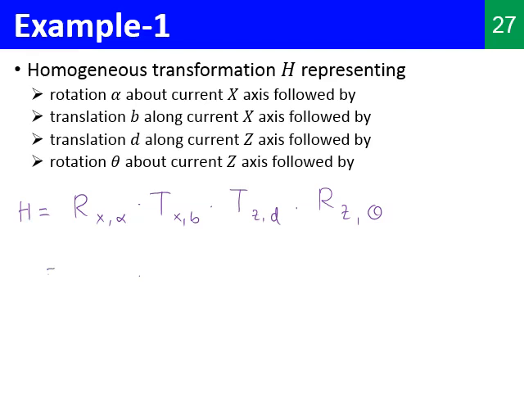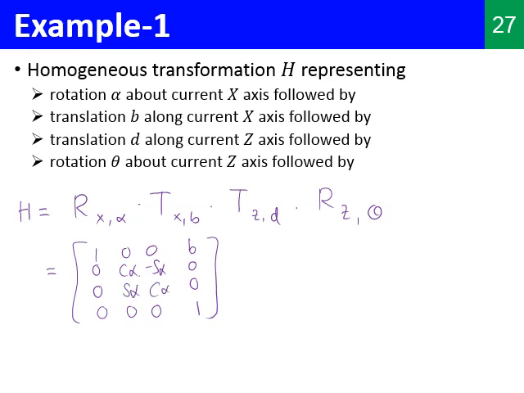Okay, so we can see the first two operations are done about the x-axis, so we can merge those two. So let's write the resulting H matrix. So the translation is B, so we have that amount, and the rotation is about x-axis, so x-axis will remain same, and finally we have cos alpha, minus sin alpha, and cos alpha.